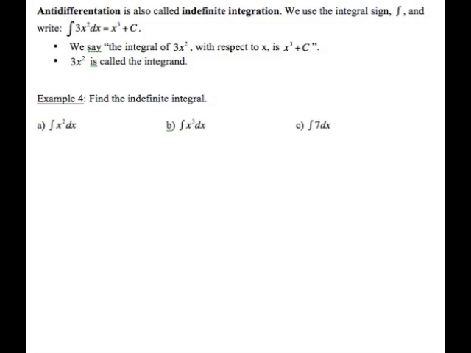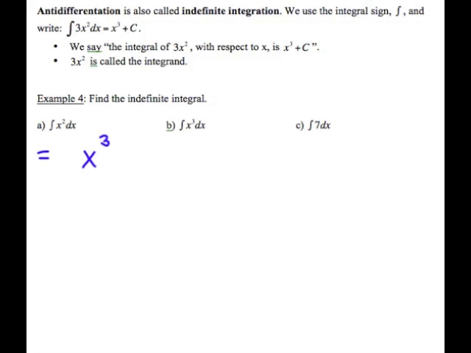Before we establish some basic rules, let's try using what we already know about differentiation to work backwards for some of these. In part A, you're asked to find the integral of x squared. And we know that taking a derivative knocks that power down by 1. So I think we expect to see something cubic.